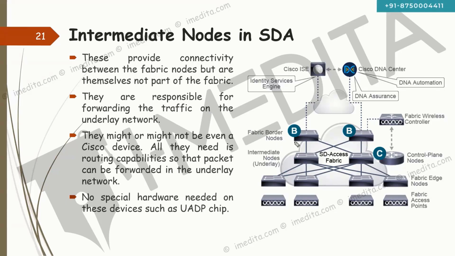As long as there is reachability between them, it will be okay. These devices should be able to forward the packet based on the IP, and that is the only requirement on these intermediate nodes. They might be Cisco devices, they might not even be Cisco devices. They must have routing capabilities, and that will be sufficient.